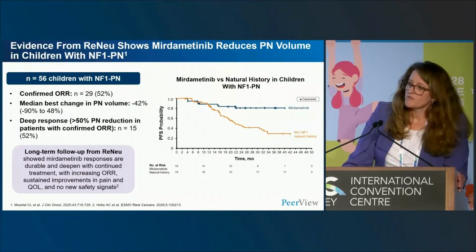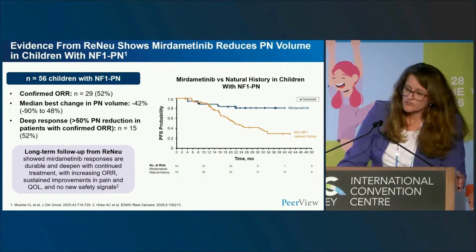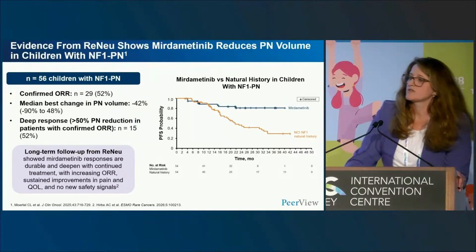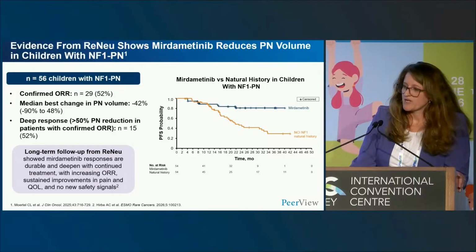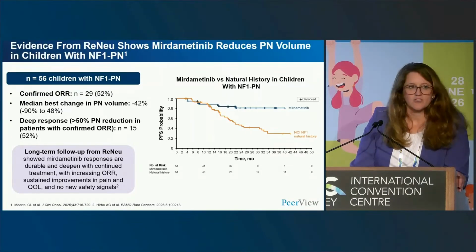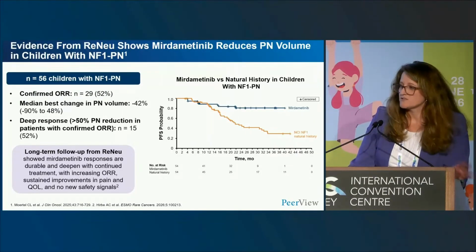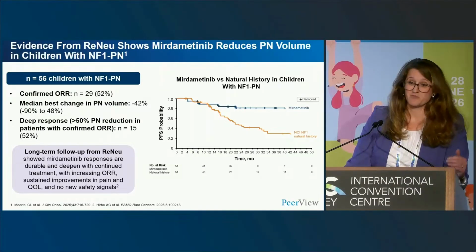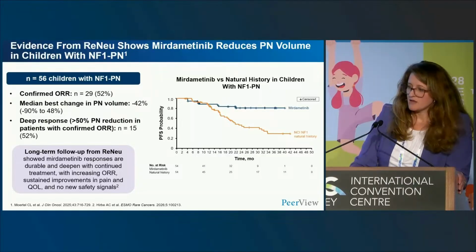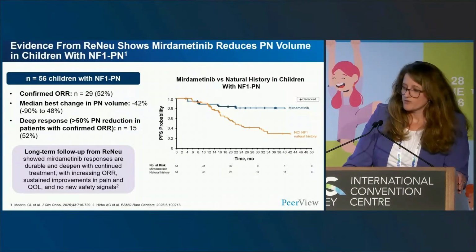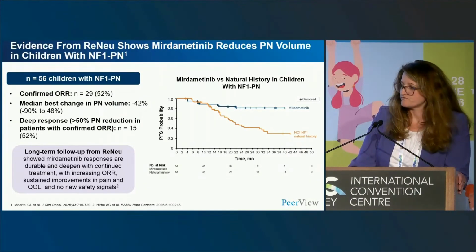Mirdametinib in the RENEW study also showed similar benefits with a confirmed overall response rate of 52% of patients, with a best median shrinkage of about 42%. So some patients experienced up to 90% shrinkage. And children and adults both had benefit there.